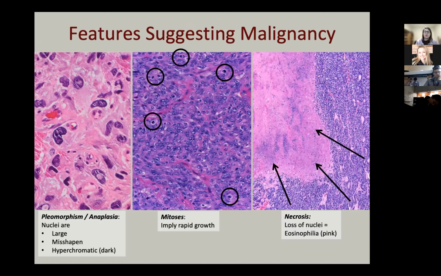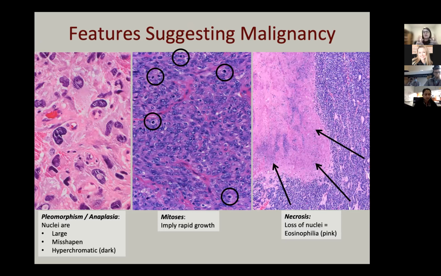Once we get through all of these items, we do want to look for some features that may be more specific to malignancy. Okay. Things like nuclear pleomorphism or anaplasia. Anaplasia literally means reverse differentiation, right? So these cells are sort of becoming primitive. They are large, they are misshapen. The nuclei are hyperchromatic or dark, probably meaning that there are lots of copies of the chromatin in there.